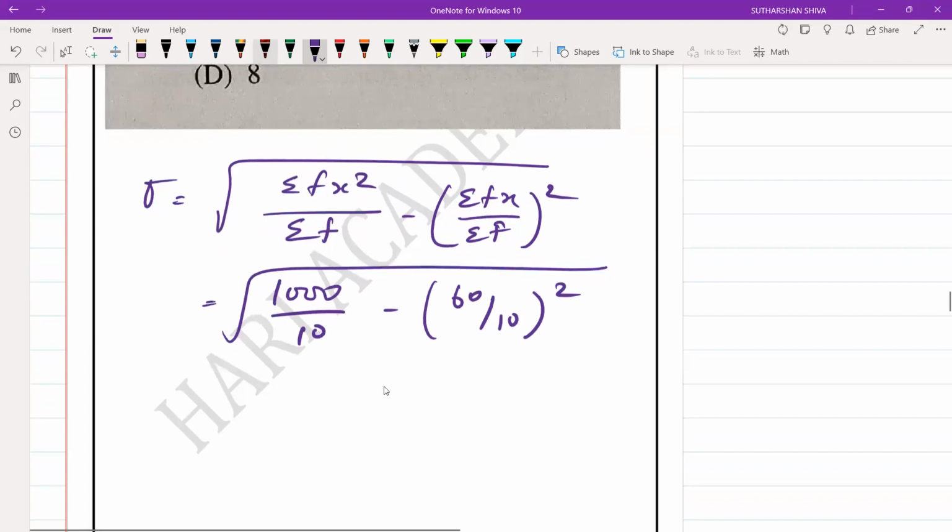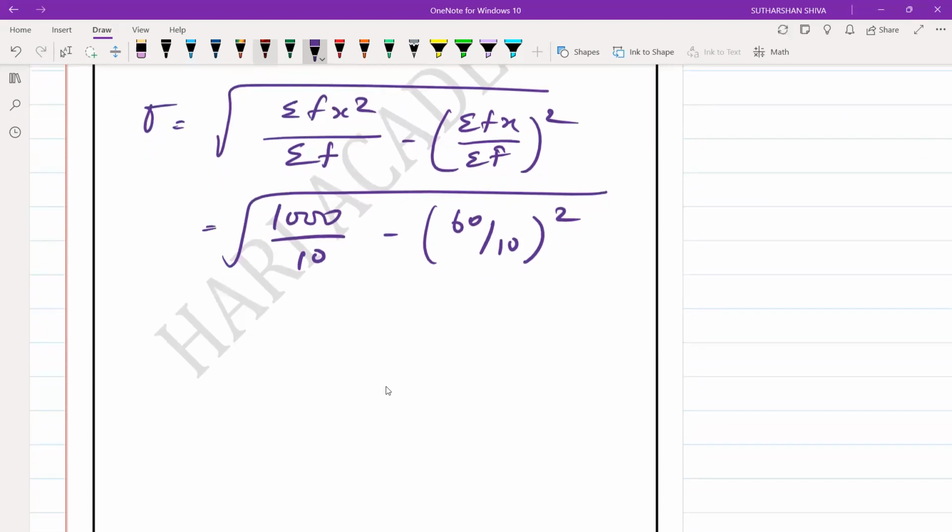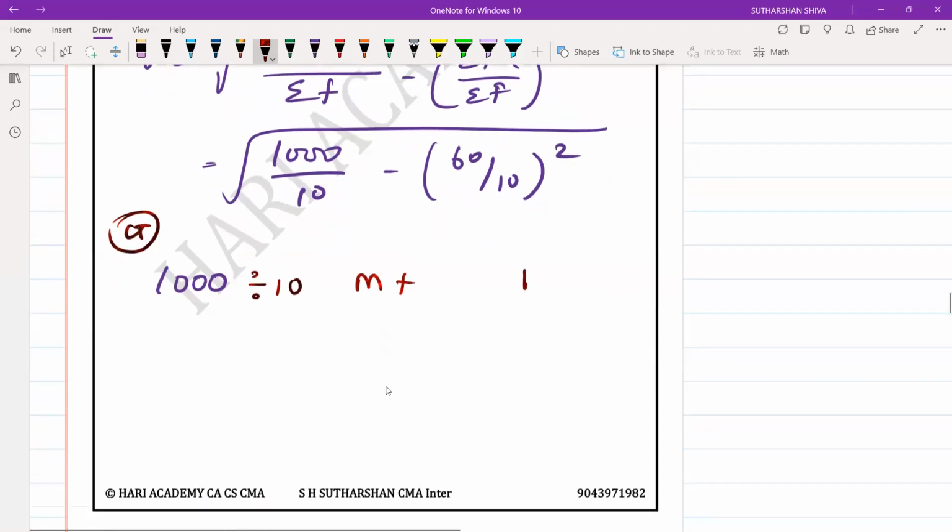We'll take the root. Do what I say in a calculator. 1000 divided by 10, M plus.